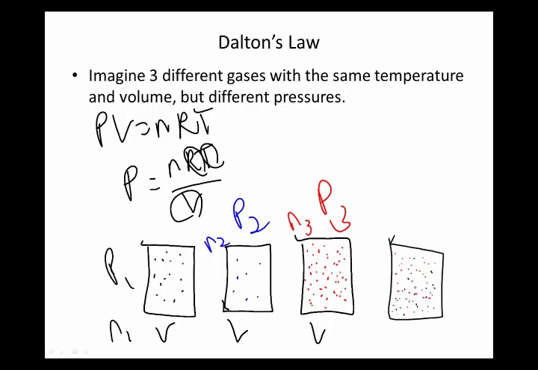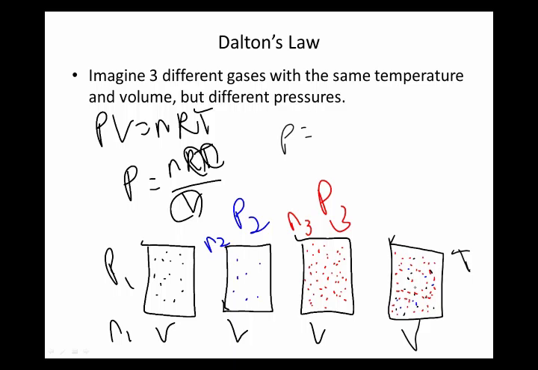So they're all going to exist in this one container that has the same volume and the same temperature as the individuals here. Well, the pressure is only going to depend on not what the gases are, but how many moles there are, right?